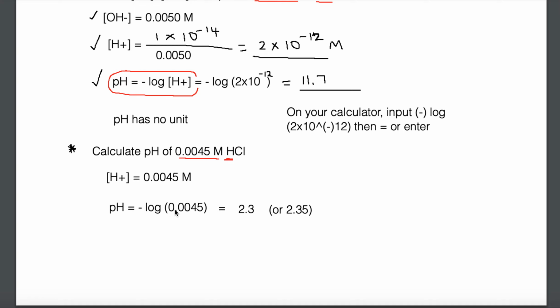We already have it, 0.0045. That gives us 2.3. If we follow significant figures rule, we should write 2.35, okay?